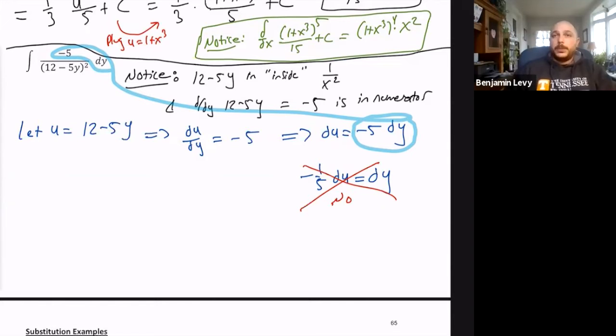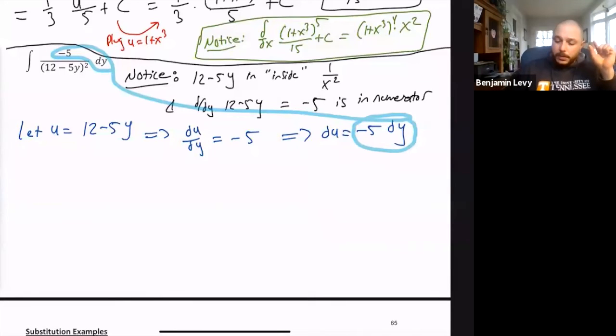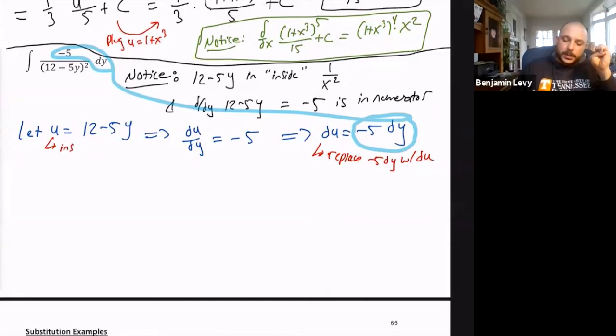And so that's why we can leave it and not have to divide the 5 over, because we're going to substitute out minus 5 dy directly out of that problem just with du. Let me make that note right below that. We can replace minus 5 dy with du in the original problem. Right? And we knew that was our u because that's the inside piece.